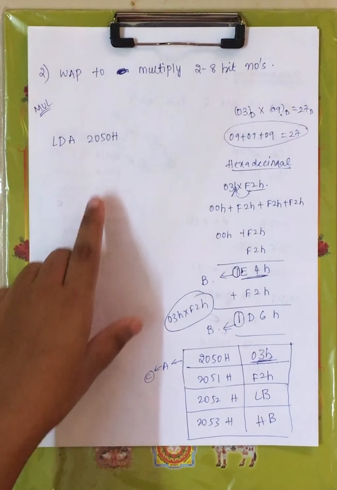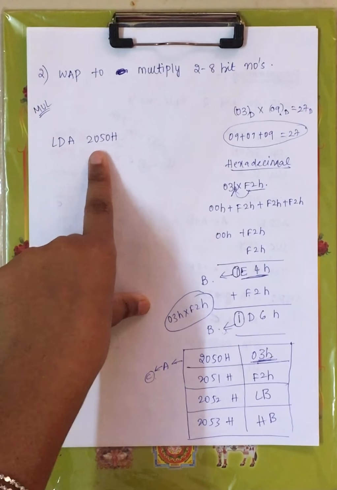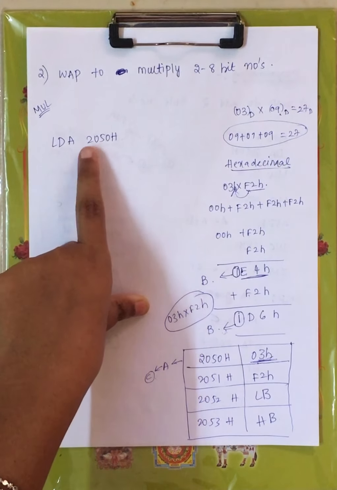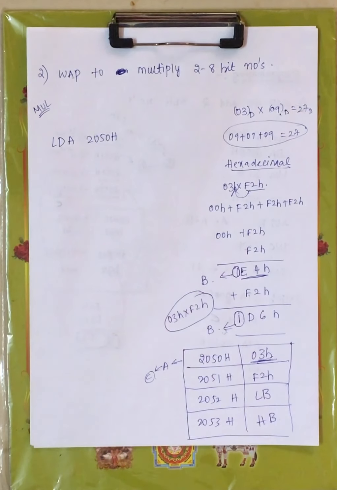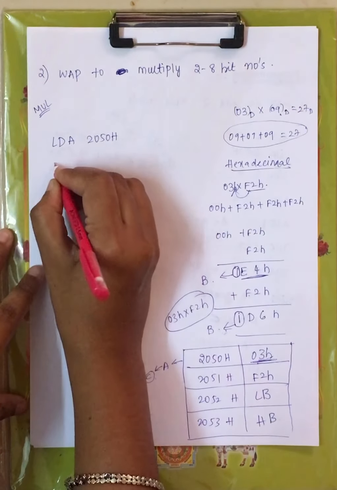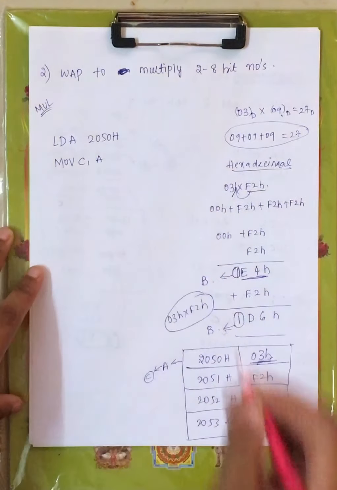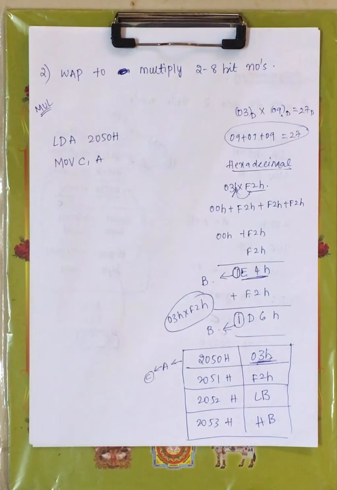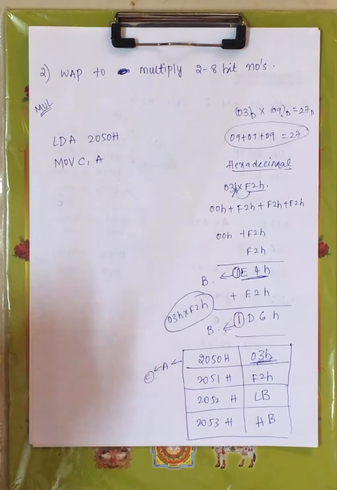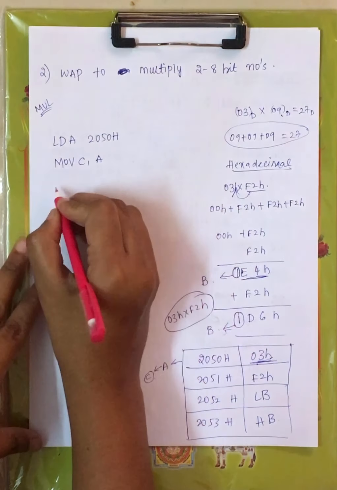Now the contents of memory location 2050H are moved to the accumulator. Now from the accumulator I have to move to the C register: MOV C, A.